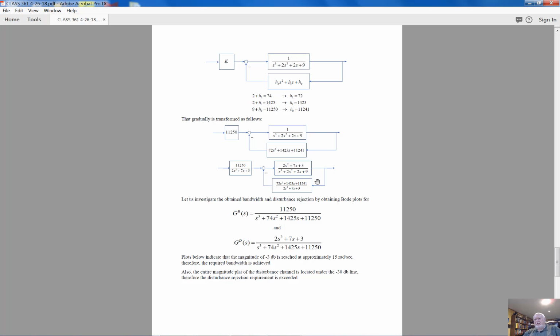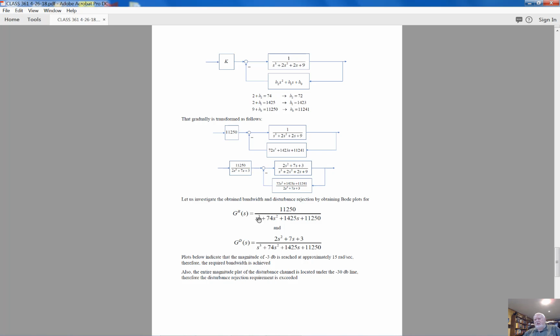This is our final result, final product. Now, can we come up with the transfer function for the reference and transfer function for the disturbance for this system? Sure we can.